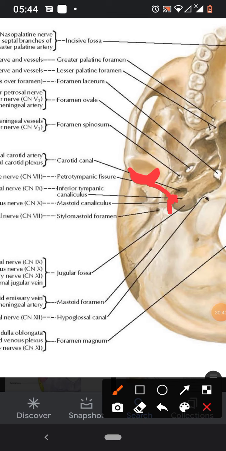So now the tympanic canaliculus. What is the tympanic canaliculus? Basically, this is the carotid canal and this is the jugular foramen.